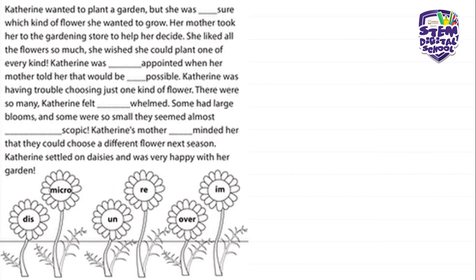Catherine wanted to plant a garden, but she was unsure which kind of flower she wanted to grow. Her mother took her to the gardening store to help her decide. She liked all the flowers so much, she wished she could plant one of every kind.